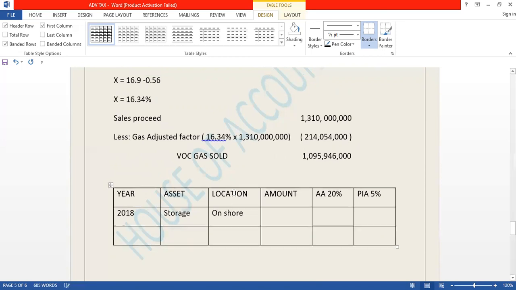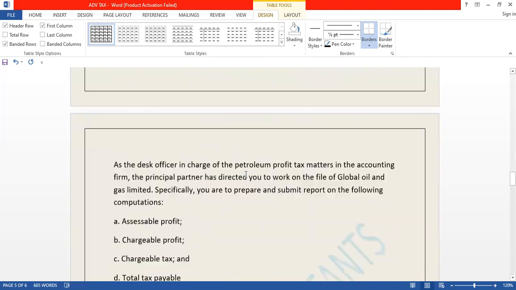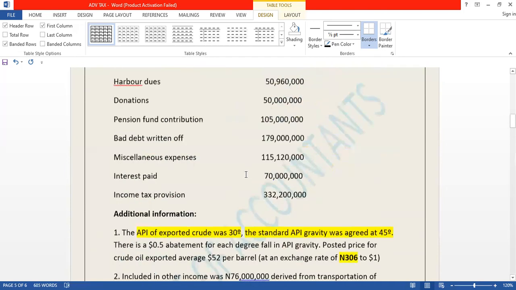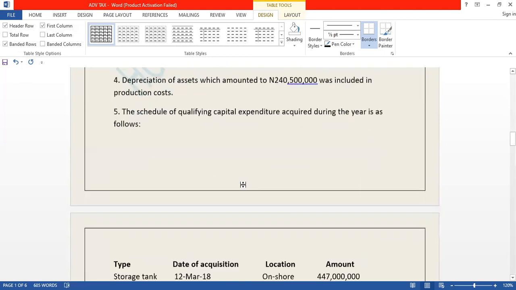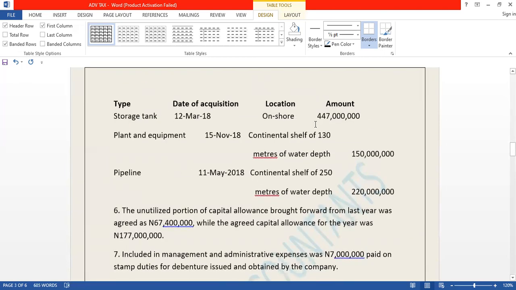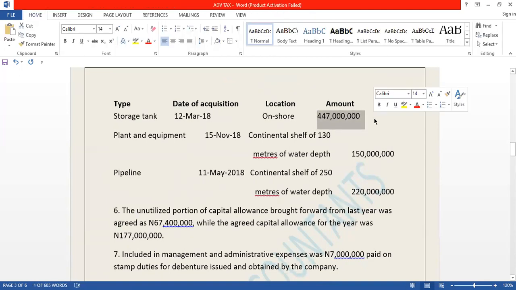And the amount, what is the amount again? The amount is said to be 444. So I'll just pick this figure straight away to make my work easier.